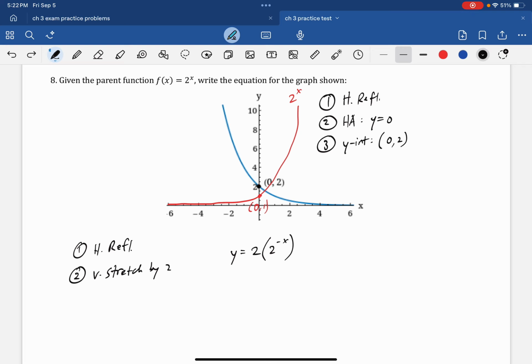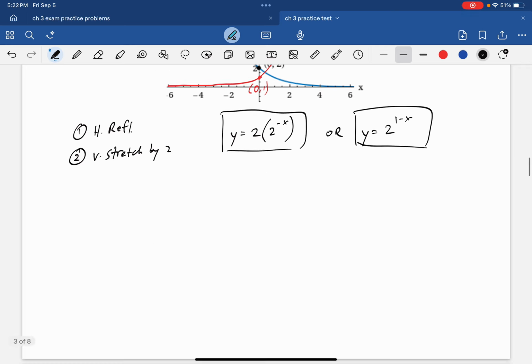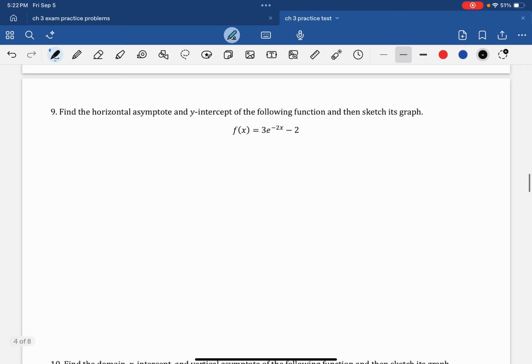You can confirm plugging in x equals 0 that the y-intercept is 0, 2. And you can also see that this would have the same horizontal asymptote, y equals 0. And so you could write this as the answer, or you could also simplify it a little bit as y equals 2 to the 1 minus x power. Both are fine.